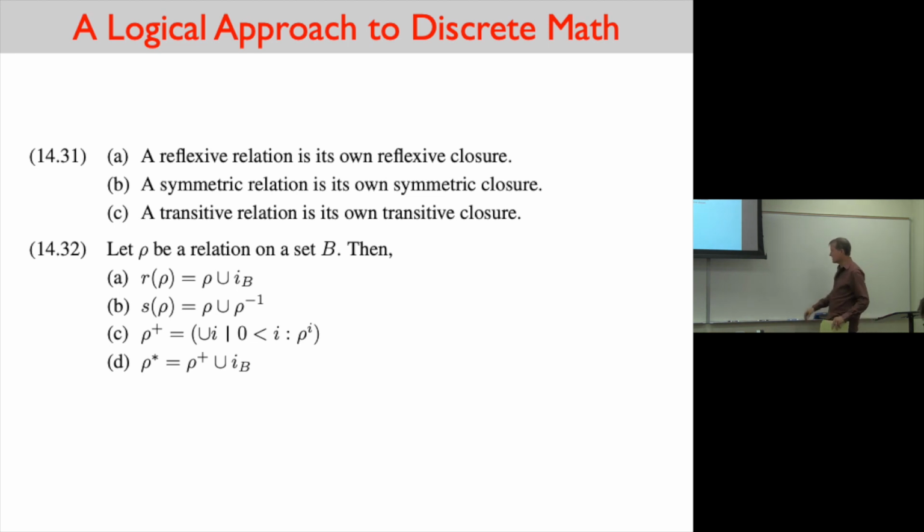Now, let me do an example of 14.2. 14.2 says let rho be a relation on a set. Then the reflexive closure of rho. What do you have to do to make it reflexive? You have to add something. What kind of things do you add to it?